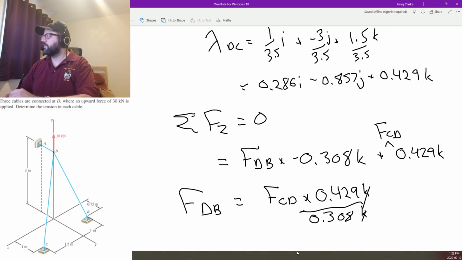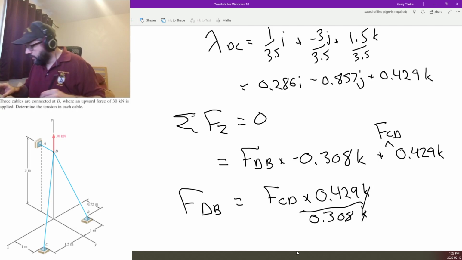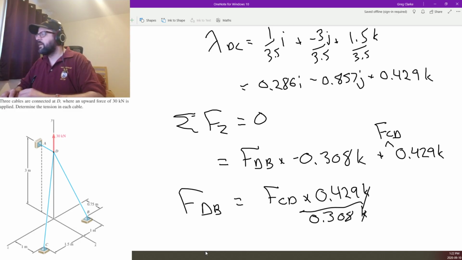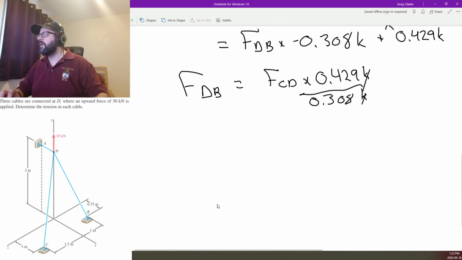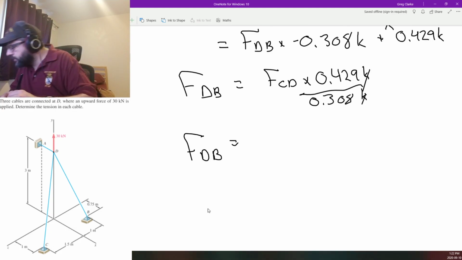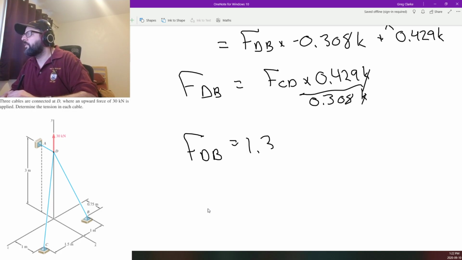So our unit vectors cancel out, and 0.429 divided by 0.308 is going to give us FDB equal to 1.39.